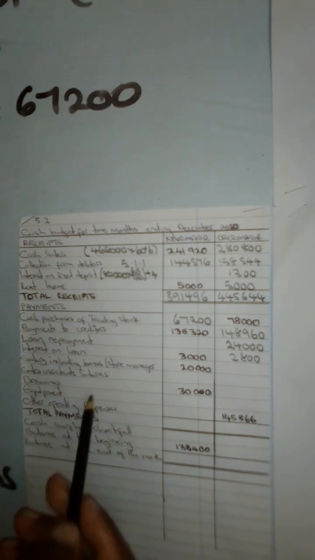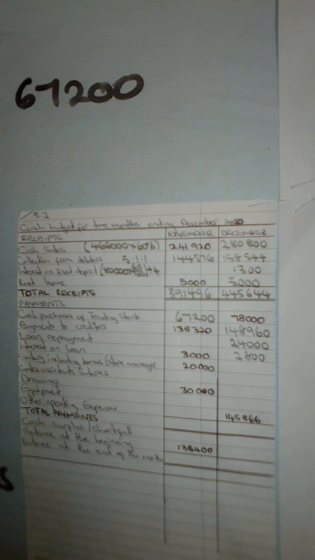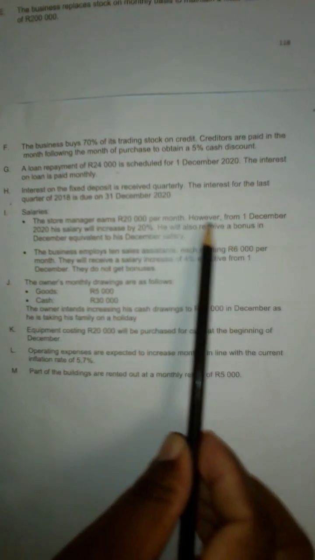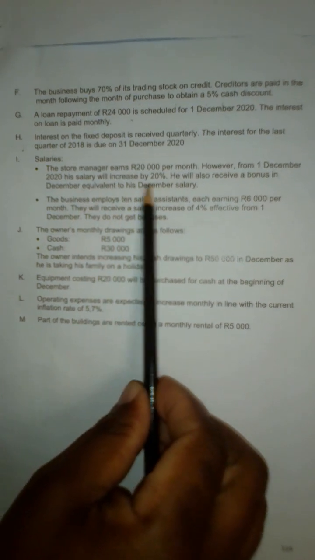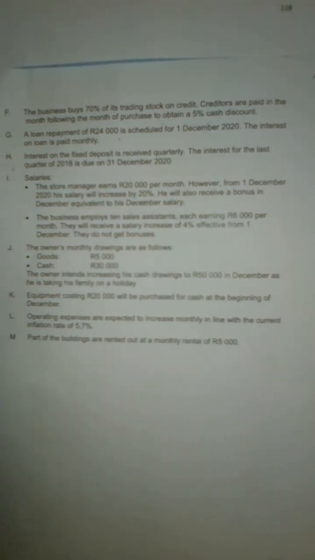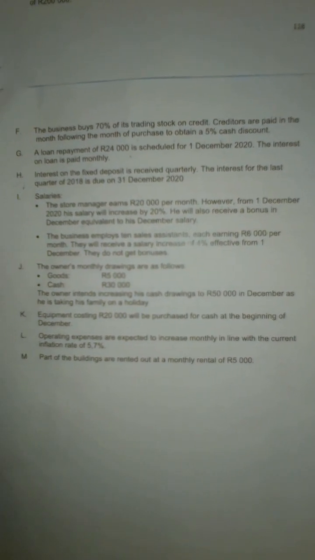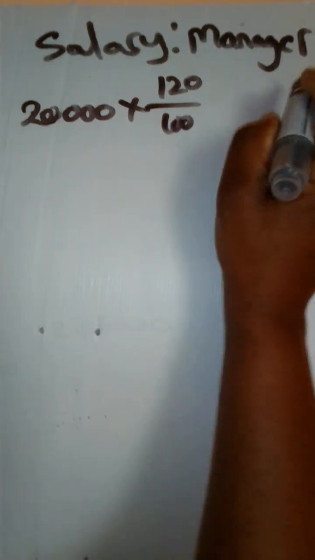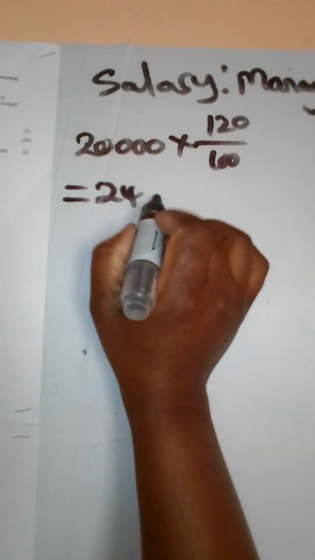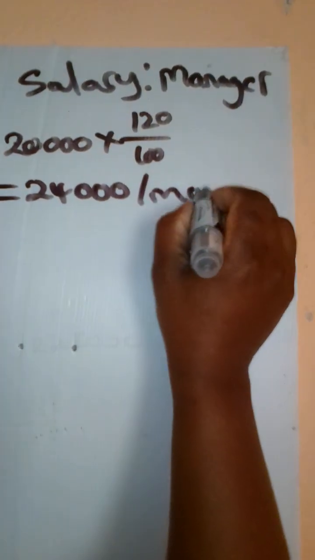The salary, including bonus, for the store manager. Let's look at the salaries. The store manager earns 20,000 per month. However, from 1 December 2020, his salary will increase by 20%. He will also receive a bonus in December equivalent to his December salary. So we increase the salary by 20%. It becomes 120%, which means he's going to be earning 24,000 per month.